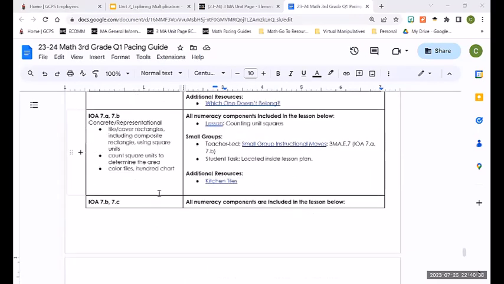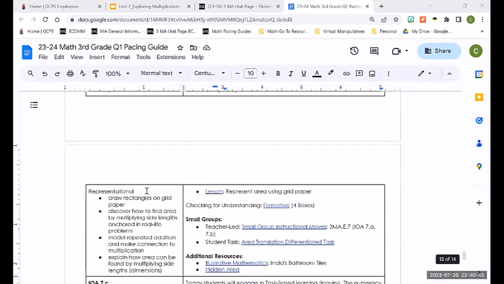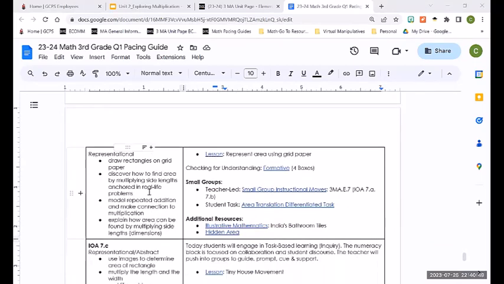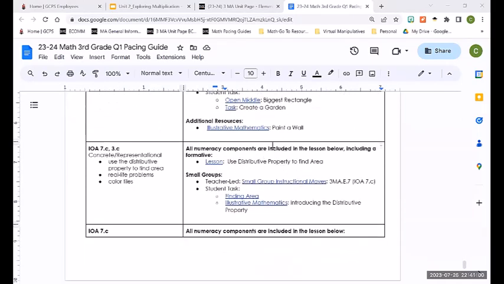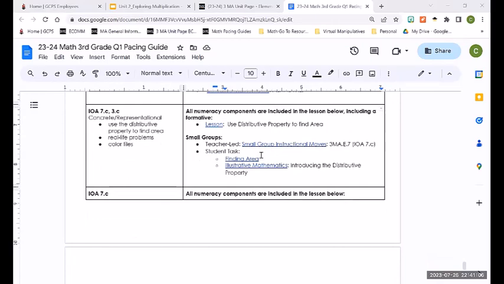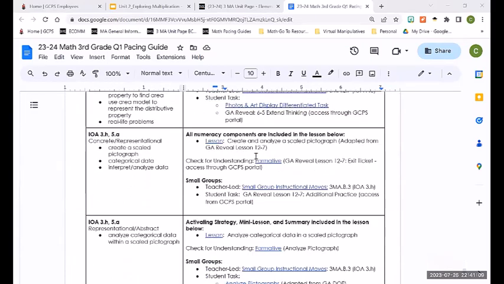Students then transition into the representational learning phase of this IOA, where they begin to draw rectangles to represent their arrays, to find area, and eventually progress to multiplying side lengths to find the total area. Students will also use the distributive property to find area when side lengths are larger numbers. And lastly, students engage in IOA 3H, where they work with pictographs for the first time.